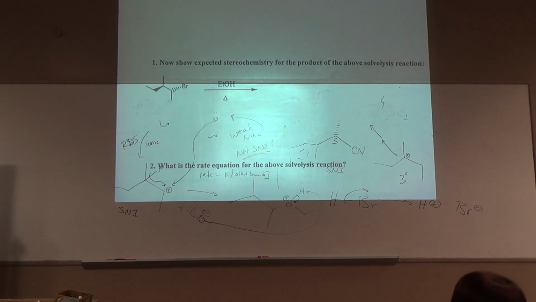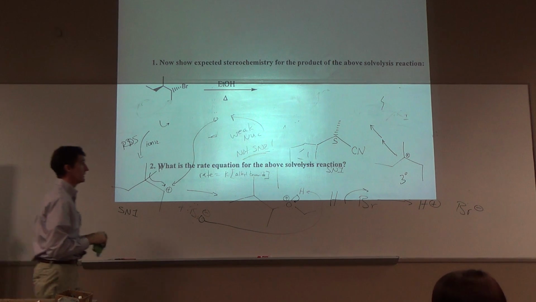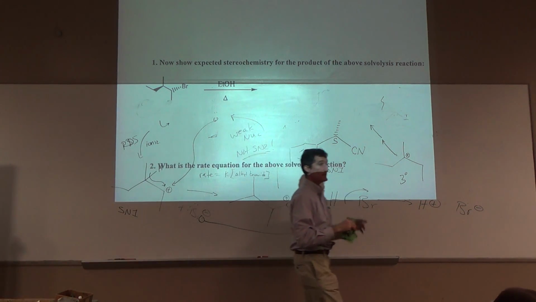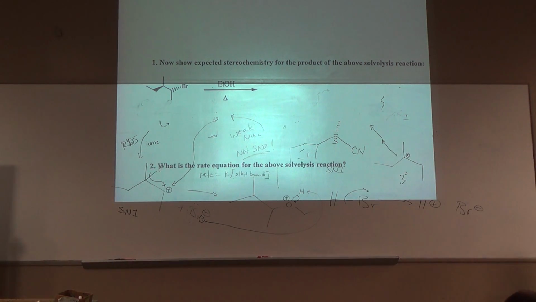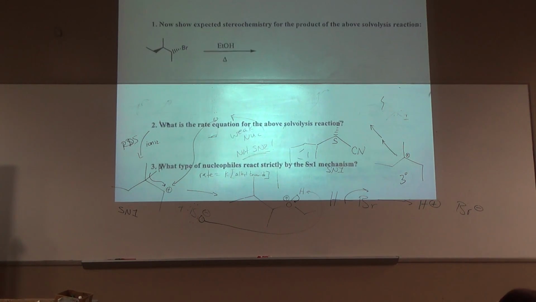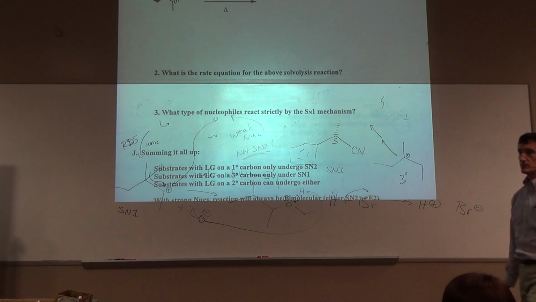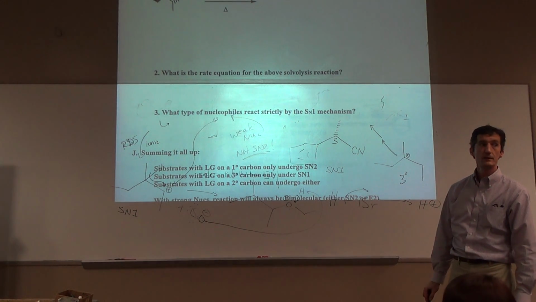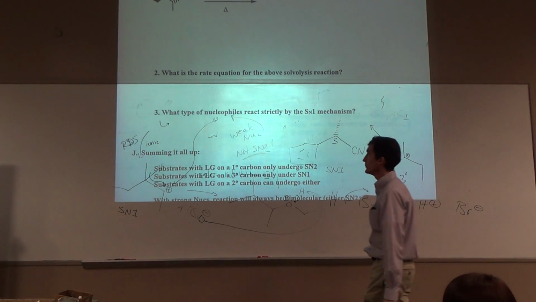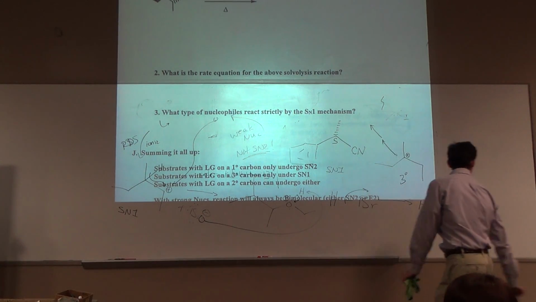Is ethanol involved in the rate determining step? No, just the ionization of the alkyl bromide. Just that. That's why it's SN1, not SN2. That's just a review, right? What type of nucleophiles react strictly by the SN1 mechanism? Weak, weak, weak.